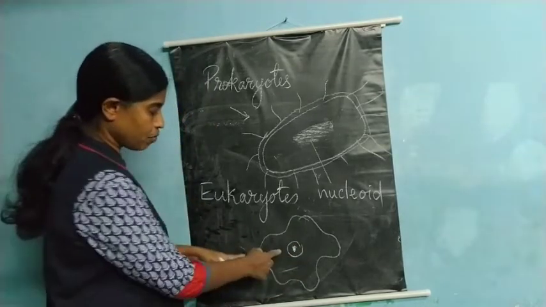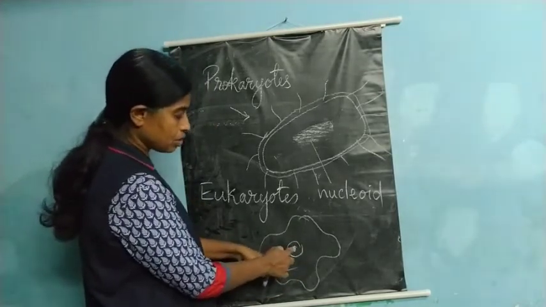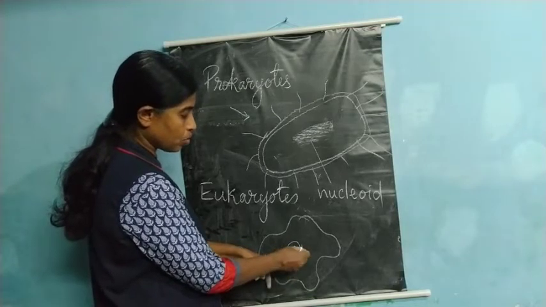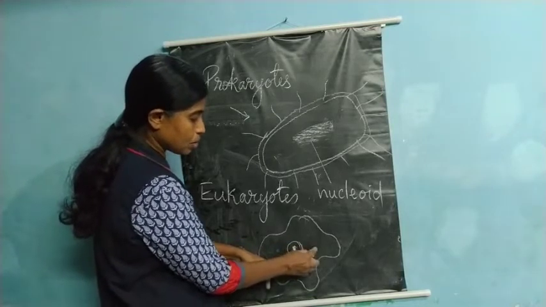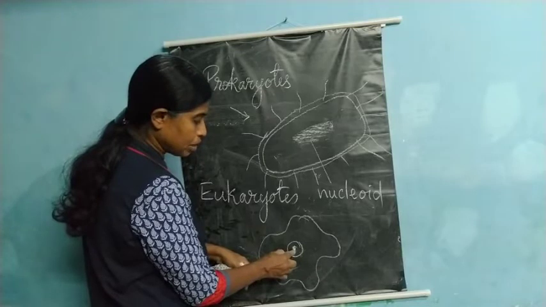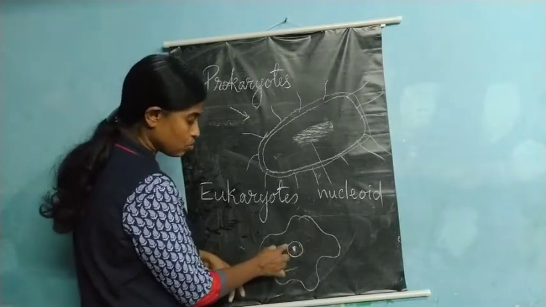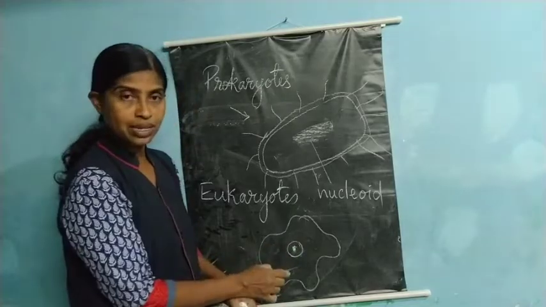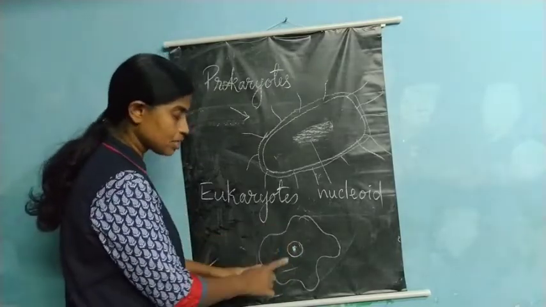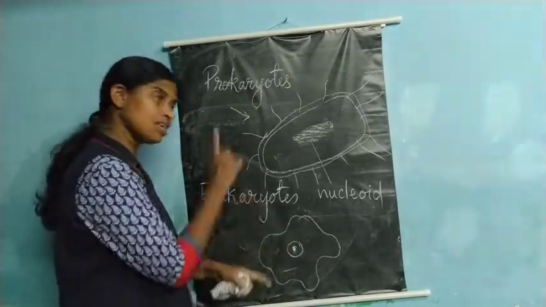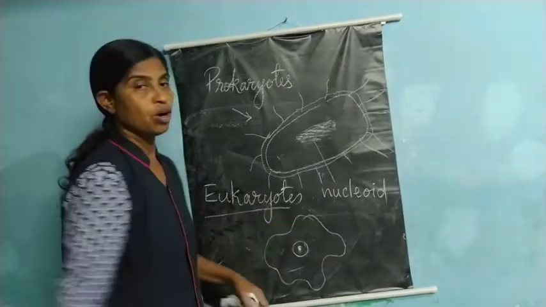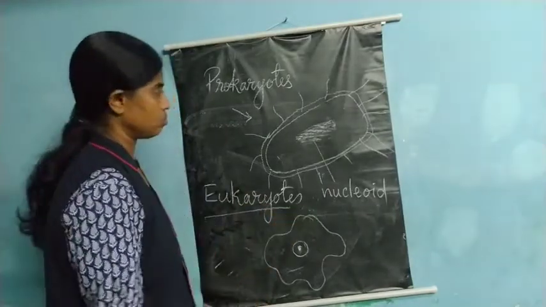Here in amoeba you can find this is a nucleus, okay, a nuclear membrane is separating the nuclear material, the chromosome, from the cytoplasm, understand? So this one we call a proper nucleus, and when this proper nucleus is present in a cell, then that cell is called a eukaryote or eukaryotic cell.